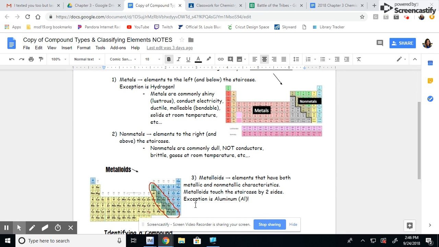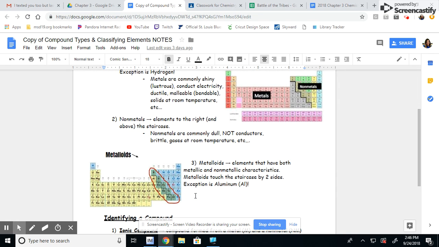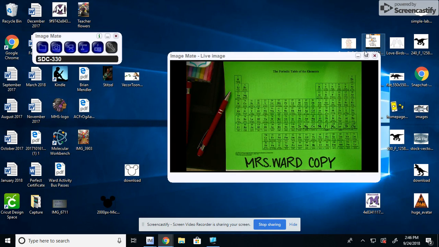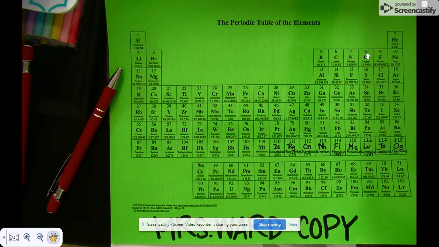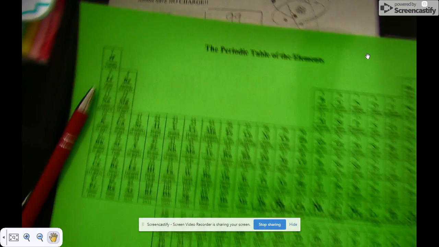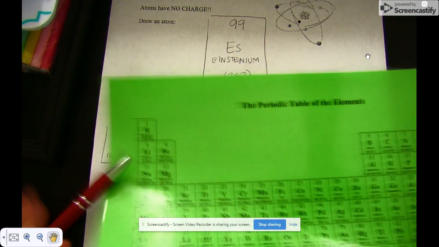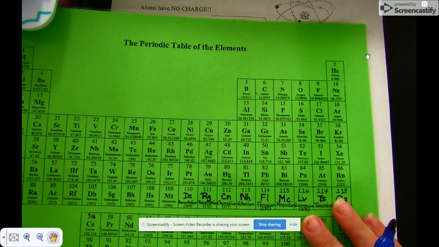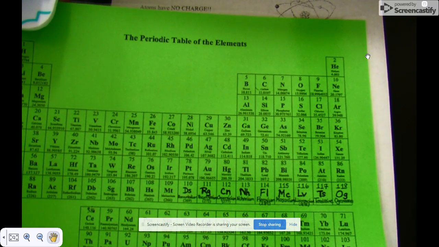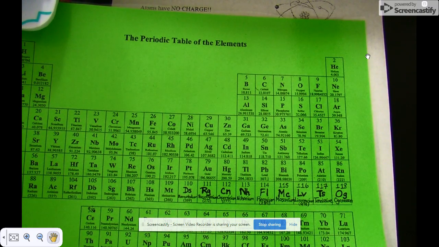All right, there's also these things that are referred to as metalloids. Metalloids are elements that take on both characteristics of a metal as well as a nonmetal, and they exist on the stair-step line. So the staircase line that I'm referring to, let me pull up my periodic table. So what you're going to do, I would suggest you all do this to your own personal periodic tables. The ones you test with, it is already done there for you.